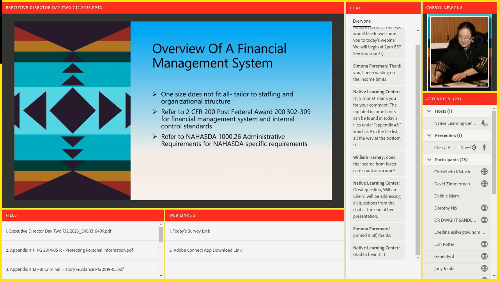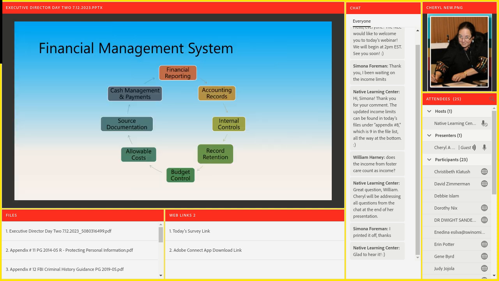Refer to 2 CFR 200, the post-federal award requirements. You can read about that at 200.302 to 200.309 for your financial management system and your internal control standards. You can refer to NAHASDA regs at 1000.26 for your administrative requirements, for the NAHASDA-specific requirements that we have to follow.